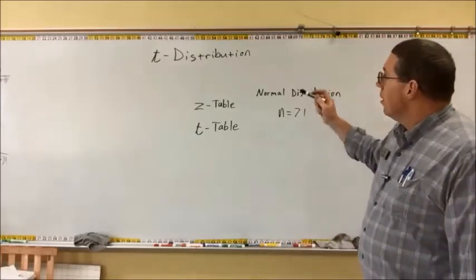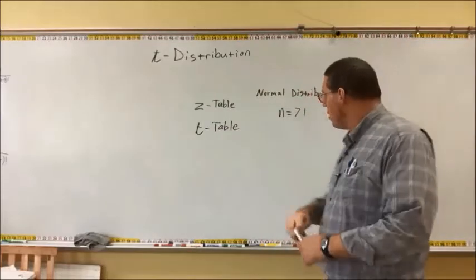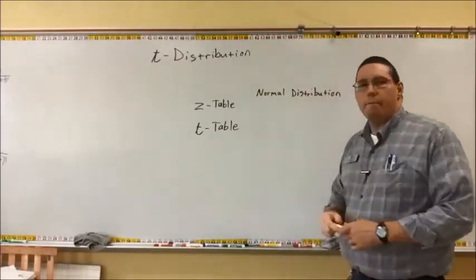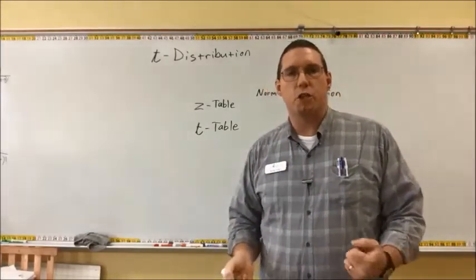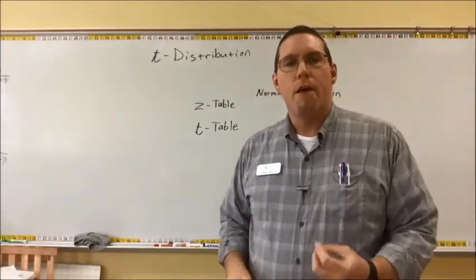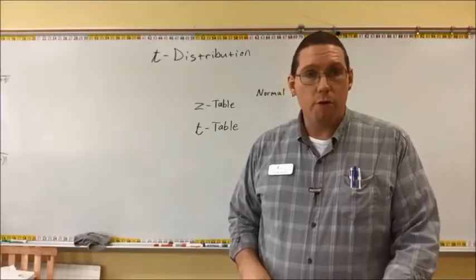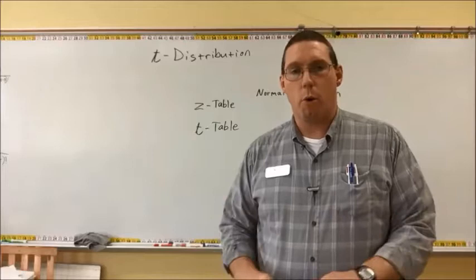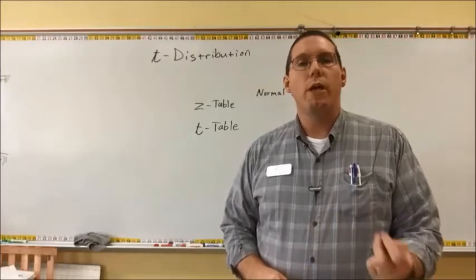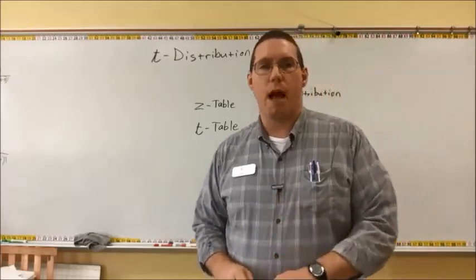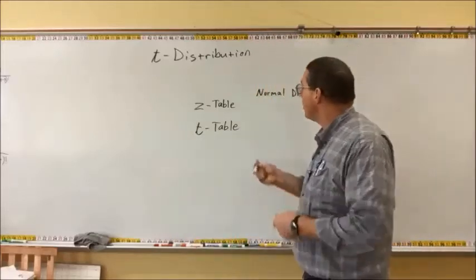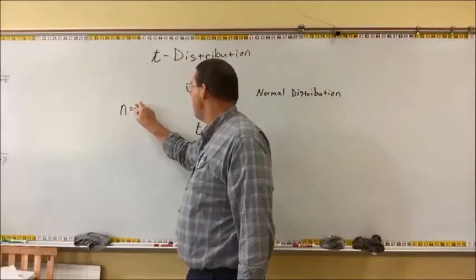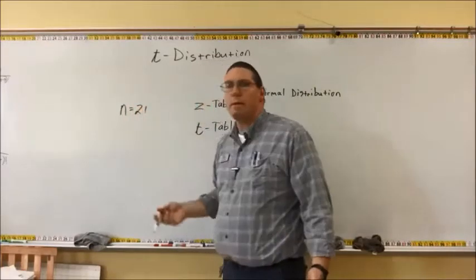But one of the reasons the t-distribution exists is because sometimes we find ourselves in situations where we don't have the parameters or the statistics that we would like to have to answer a question, and sometimes we don't have a very large sample size. Let's say we're only able to get a sample size of 21 people.